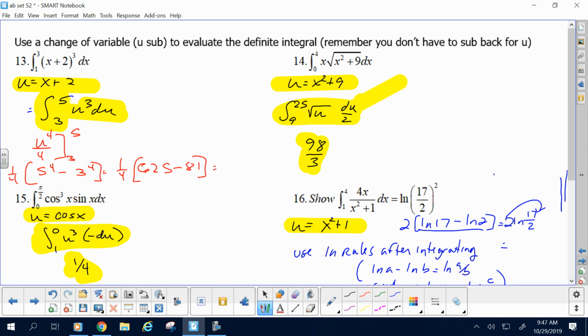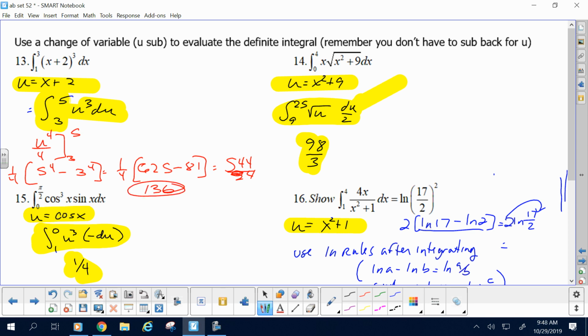Yeah, that seems right. 625 minus 81 is 544 over 4, so none of that was true. Does that reduce? Surely it does. So did you get something like 272 over 2 or 136?